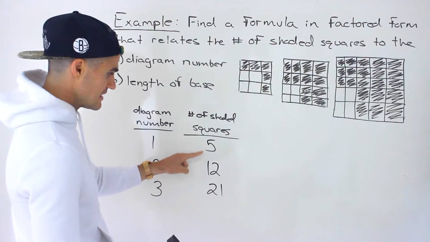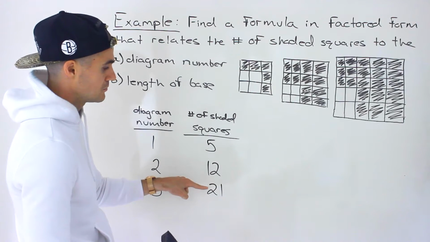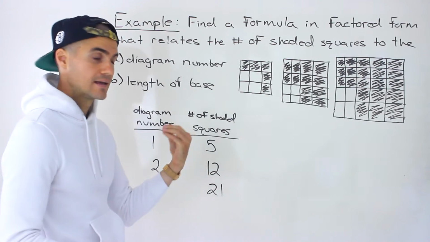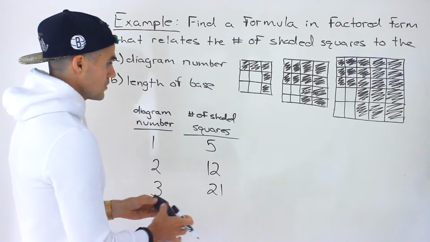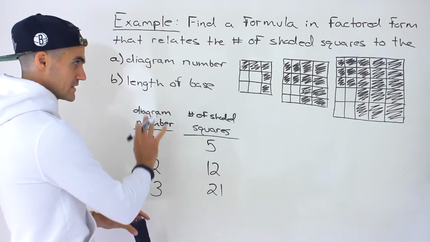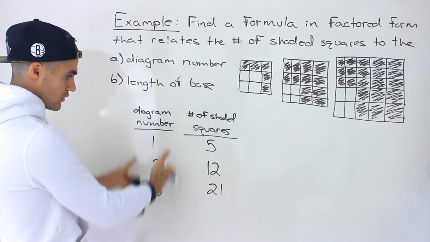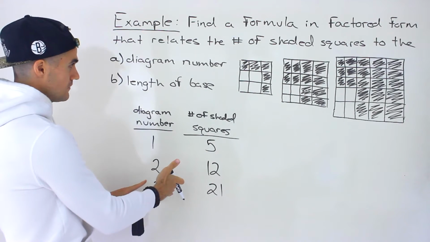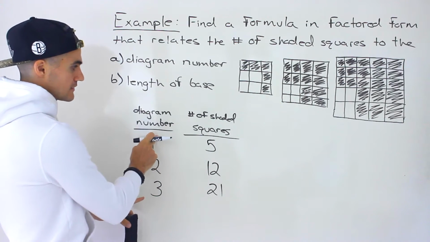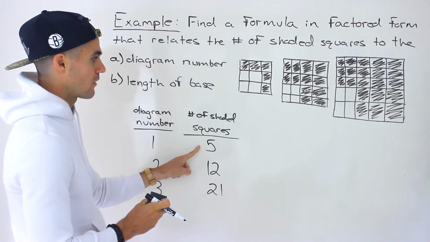And notice that these aren't going up in a linear fashion. The difference between 12 and 5 is 7, but between 21 and 12 is 9. So it's tough, usually, with these kinds of questions to get a relationship between whatever independent variable you're looking at. So in part A, we're looking at the diagram number, and getting the number of shaded squares directly.